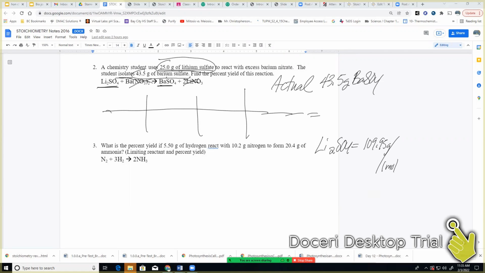And the other one is barium sulfate, 233.40 grams per 1 mole. All right, so there's your 2 molar masses. See if you can work through the problem. And when you get your answer, that'll be theoretical. So then you can do that last percent calculation.